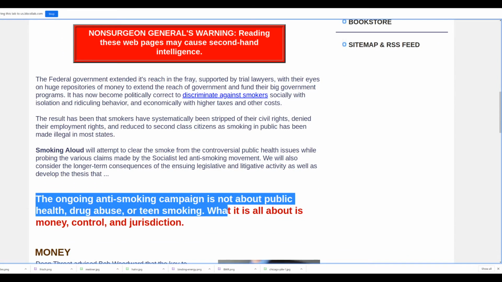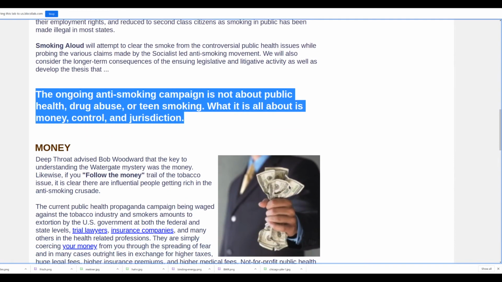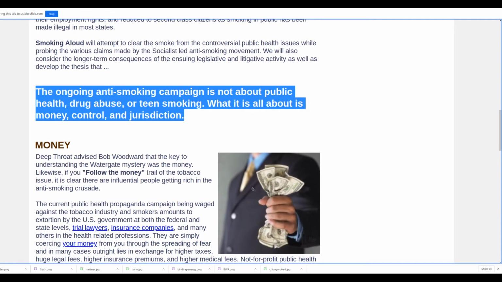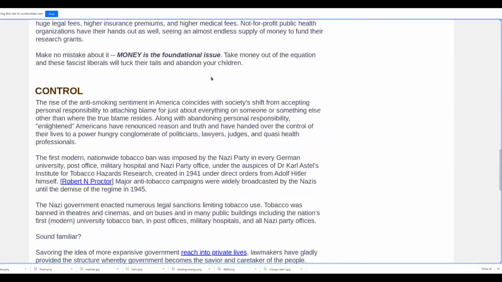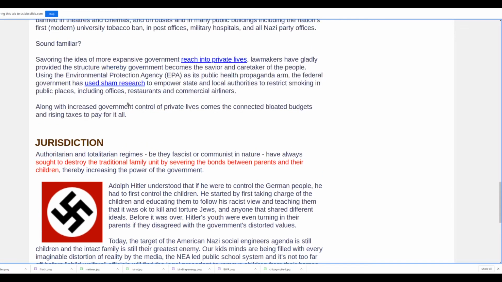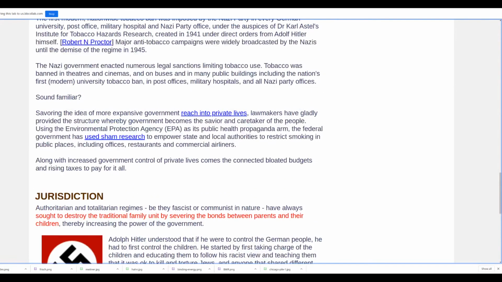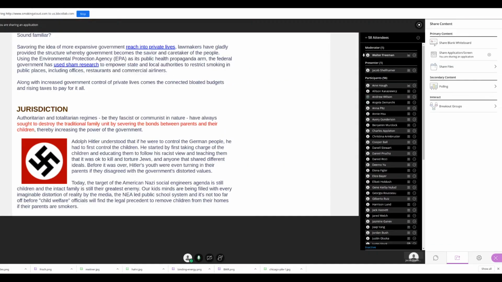Oh, right, here it is. The concern about the public health effect of smoking is all about dollar bills. And then if you scroll down a little more, oh, here it is, Nazis. I don't know how we get from smoking will harm your health and other people's health to Nazis, but here we're all about how the public health concern about smoking is really the government trying to control your lives.